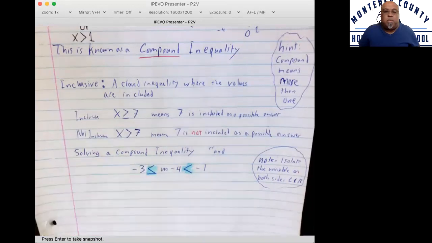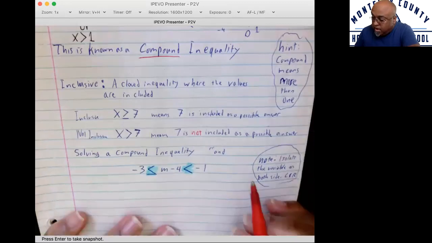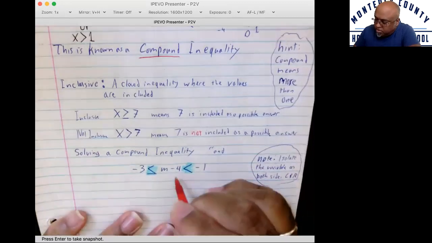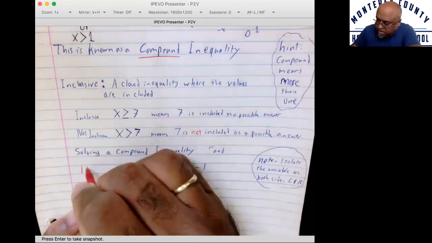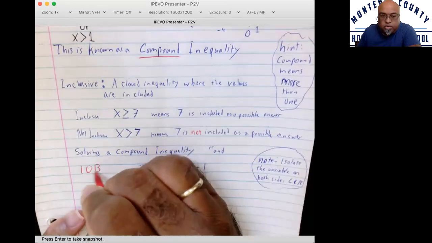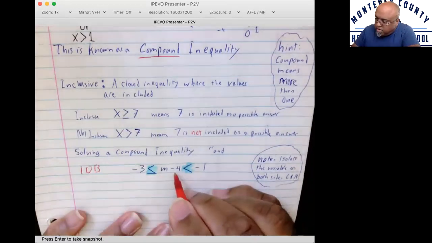So when you have a compound inequality written all on the same line, you simply do what you just did, but you do it twice. Actually, 3 times. Let me show you. I want to isolate the m, IOB, by opposite operation to both sides. So m has 4 subtracted from it.